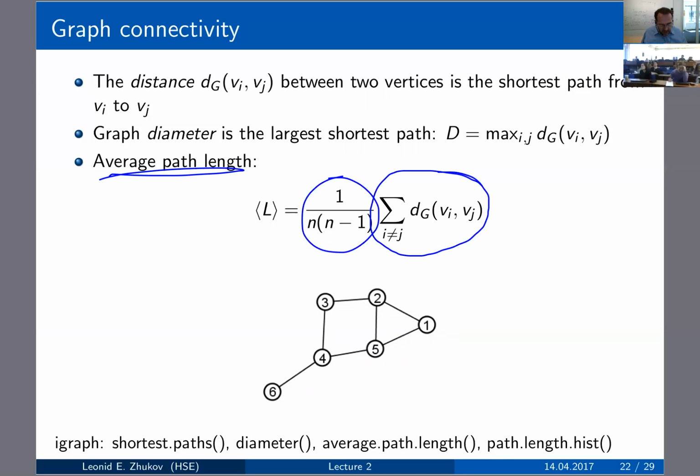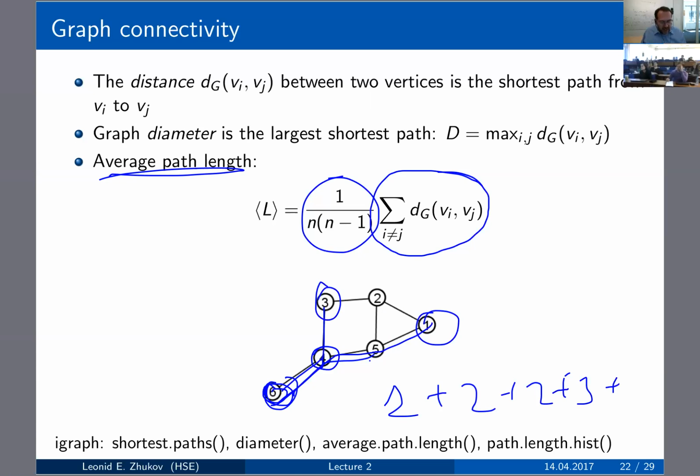We take the distance between 6 and 4, which is equal to 1. We take the distance between 6 and 5, which is equal to 2. We take the distance between 6 and 3, which is equal to 2. We take the distance between 6 and 1, which is equal to 3, and so on and so forth. And we do it for each and every node, and then we divide by the total number of those paths. Now, do you think it's going to be greater than the diameter or less than the diameter?